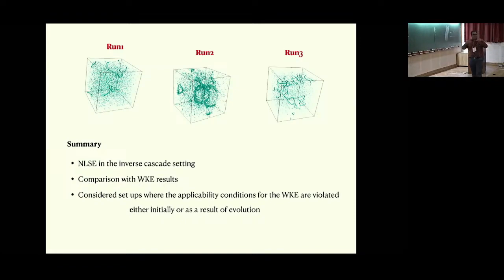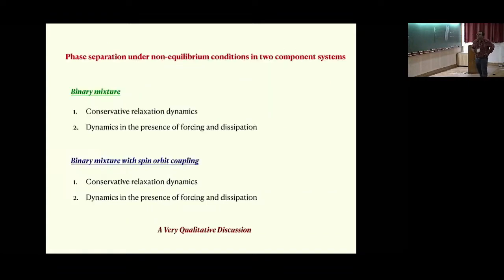That is, the nonlinearity of the system in the non-stationary turbulence keeps evolving. Because of that, you may be in tune with the wave turbulence theory prediction, or you may go out of it.